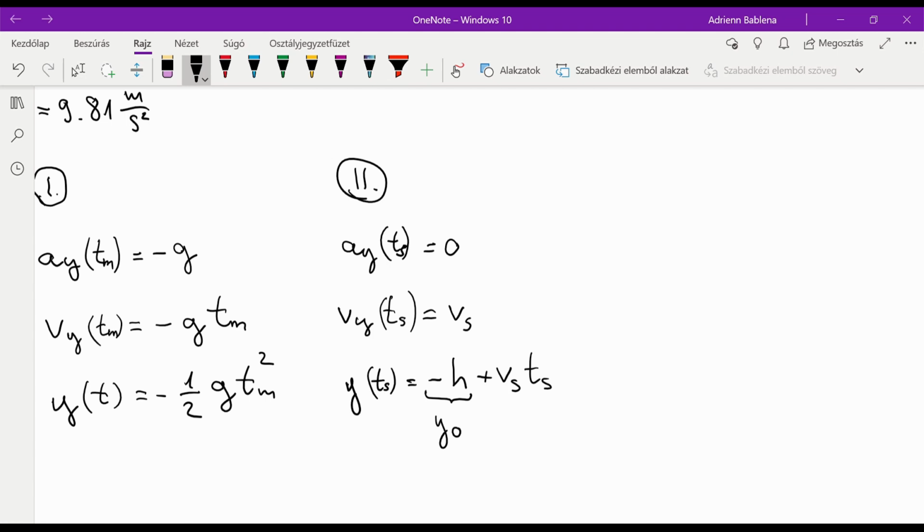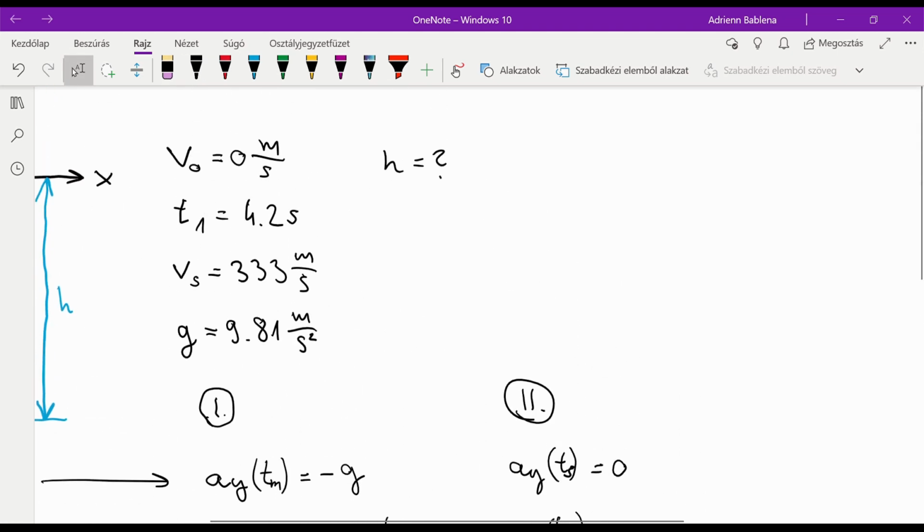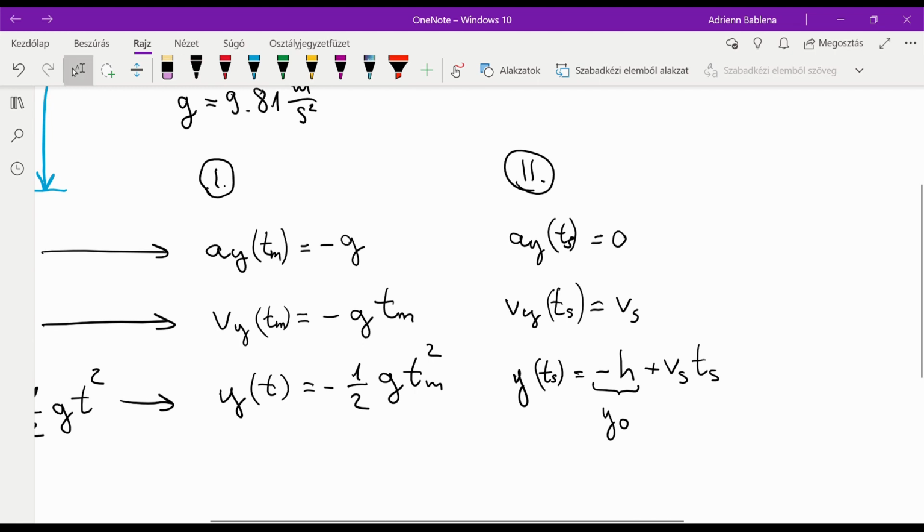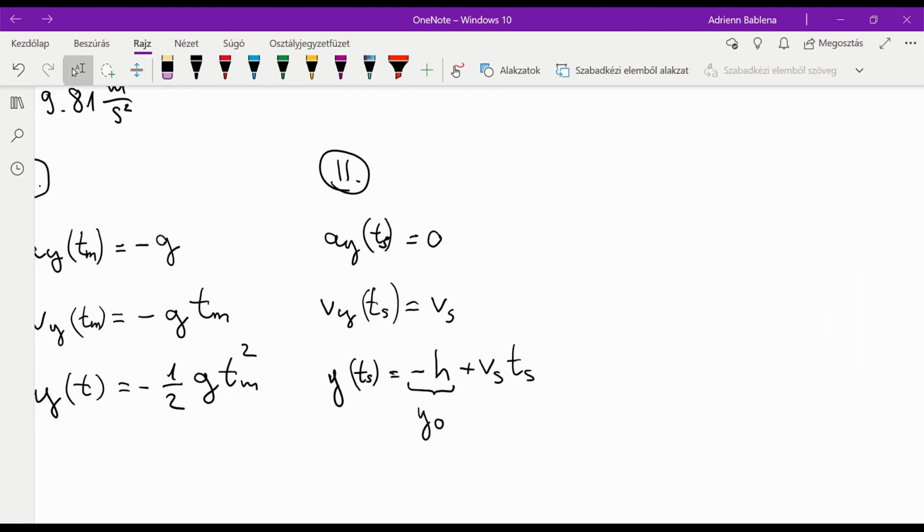It's a constant value, the speed of sound in the air. It's constant. There is no acceleration. Gravity has no effect. Other acceleration has no effect on that. Okay? And that's why our acceleration is 0.